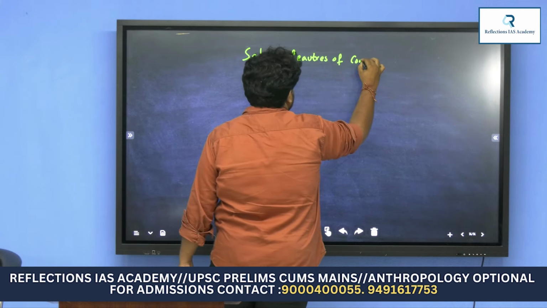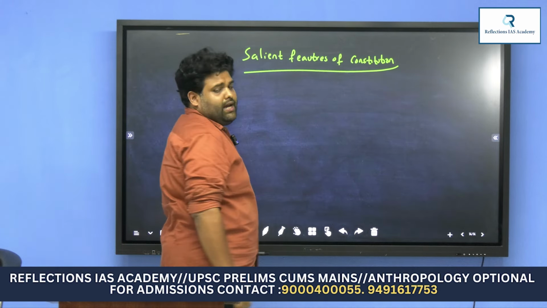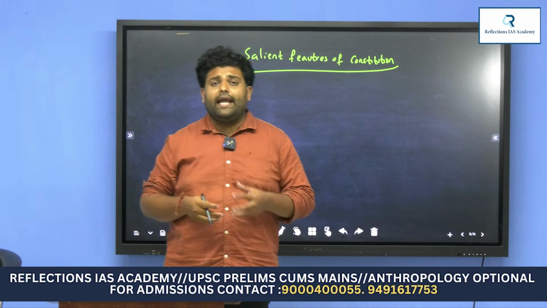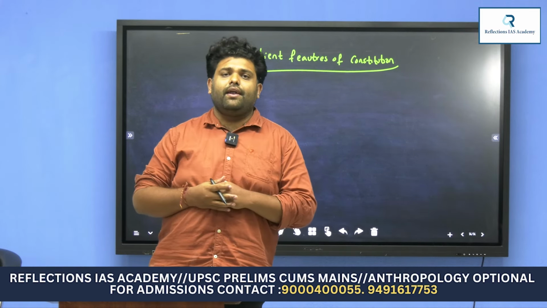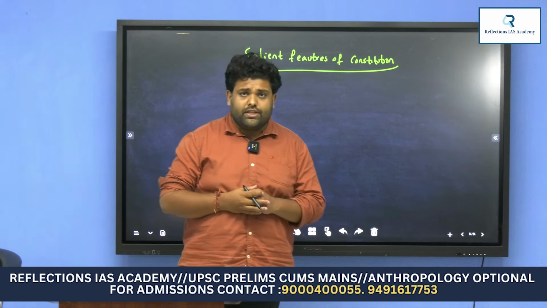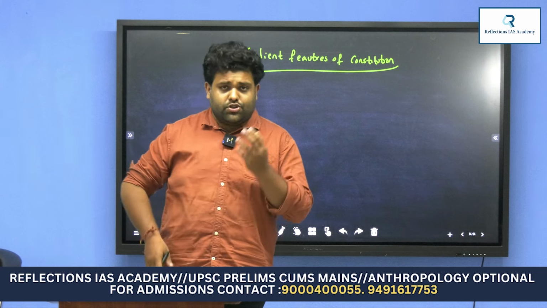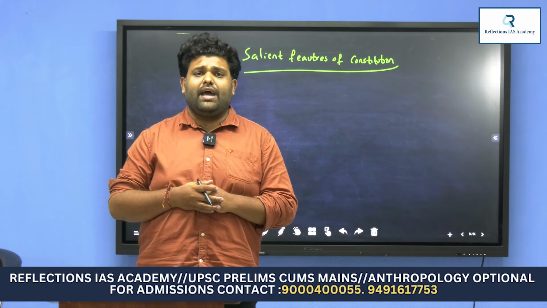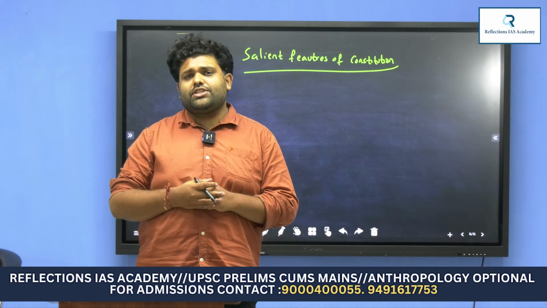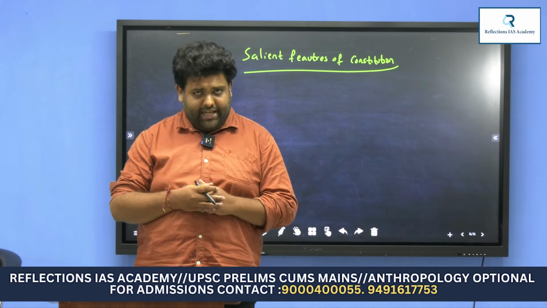Now, before I start with the salient features of the Constitution, let us know something about the historical background on which our Constitution was made. Now, if you see the modern Indian history, this is a topic which is covered in modern Indian history also. That is the historical background. It all started in 1600, where Europeans ventured into India and they wanted to make a trade deal with Indians.